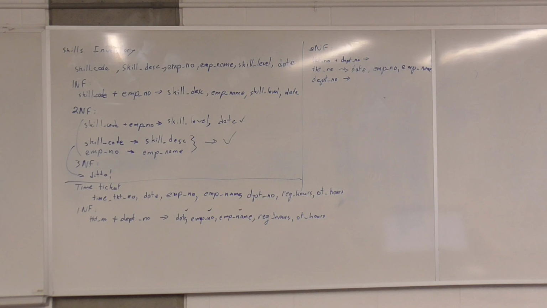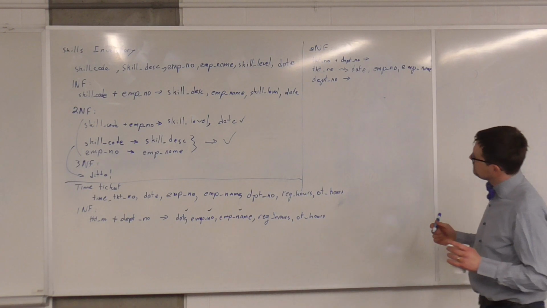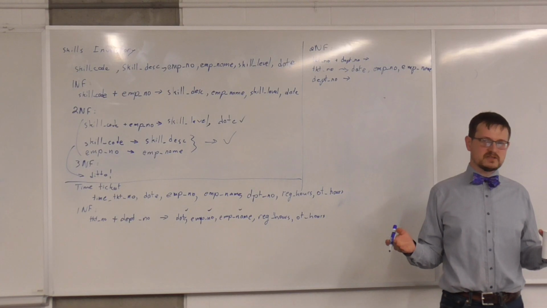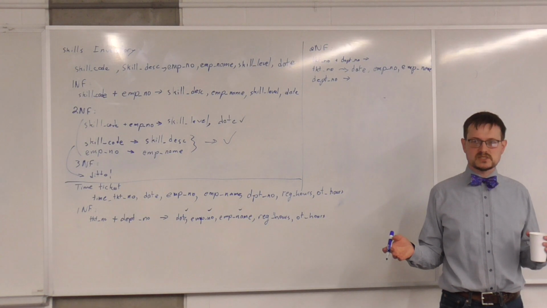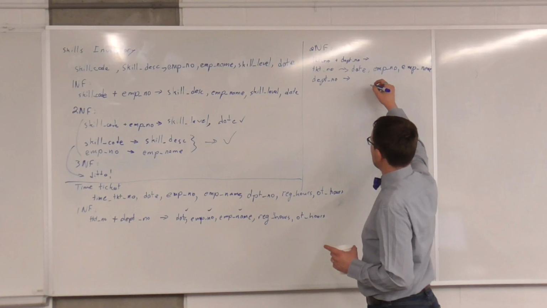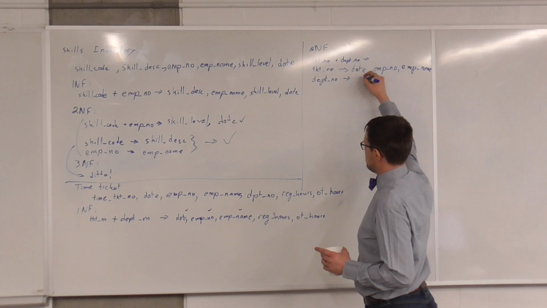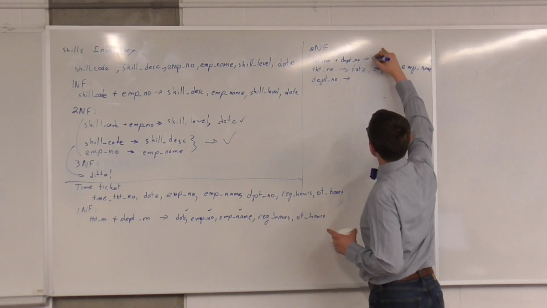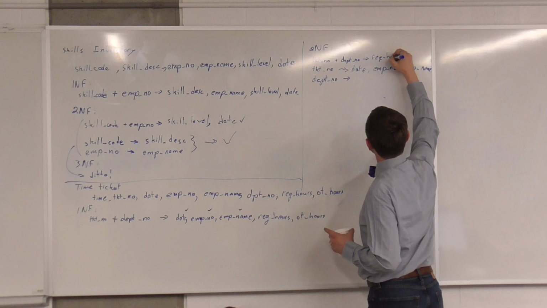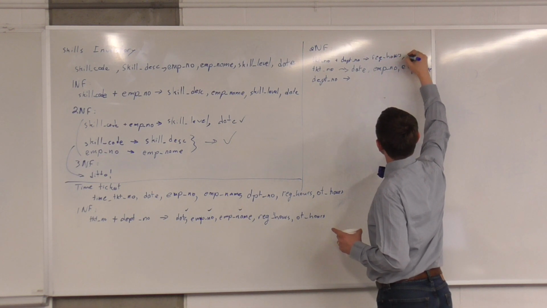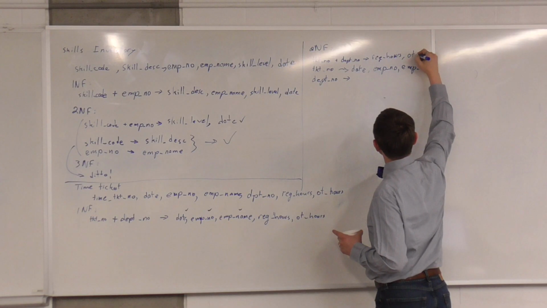Unless the department is always giving out a fixed number of hours, like anytime you come to work for us, you get 3 hours of work and nothing else. This is where you have to use a little common sense. So the regular hours will be dependent on both. And OT hours will be the same.